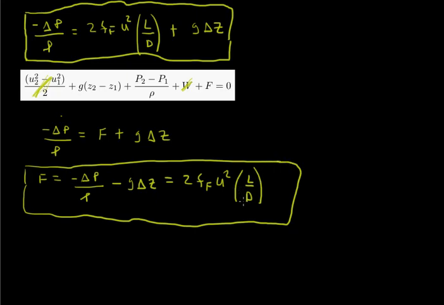The only little tweak that I'm going to make to this is to say that this is my L over D effective, because we can have effective lengths. Imagine you have a pipe that's going straight down and then makes a sharp 90-degree turn going to the right.